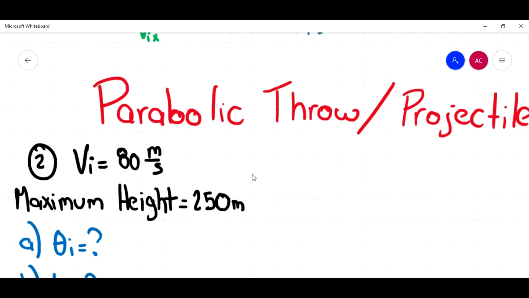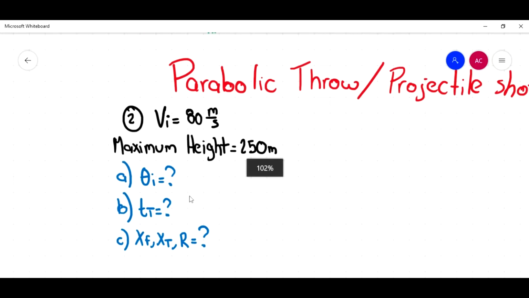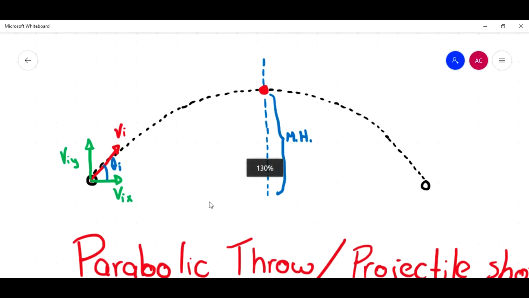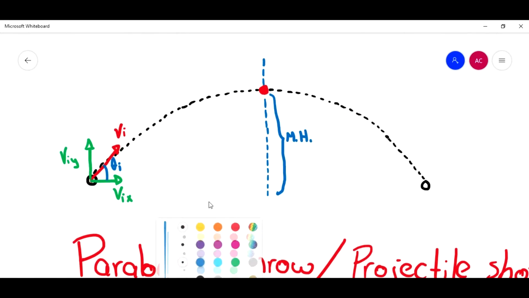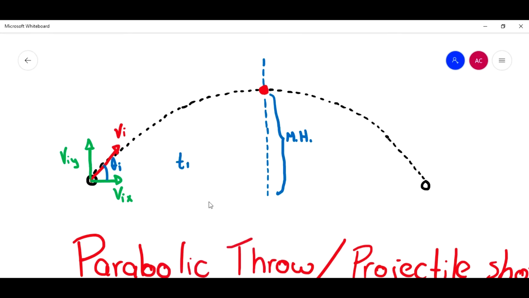So there are questions. Okay, so the first question is, what is the initial angle? Okay, what is the total time? The total time, remember, I can say that this is time 1 and this is time 2. Okay, something like this. And this is time 2 and this is total time.